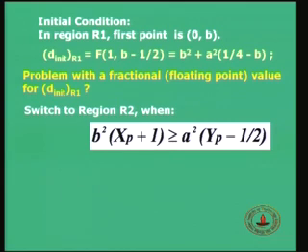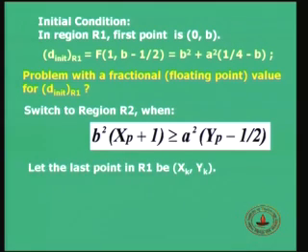As long as it is not satisfied, we are in region R1, and we keep incrementing, take a decision based on the sign of the value of d, and then update using the first order differences for east or southeast as required. We switch to region R2 only when this condition is satisfied. We start from 0 comma b and keep choosing east or southeast, and then move to region R2 when this condition is satisfied.